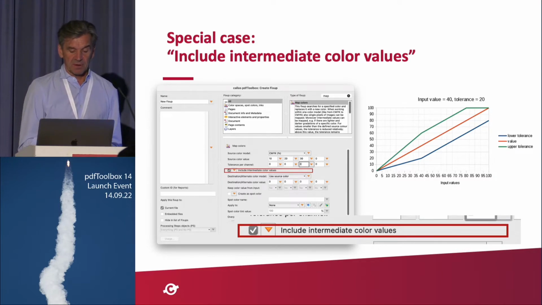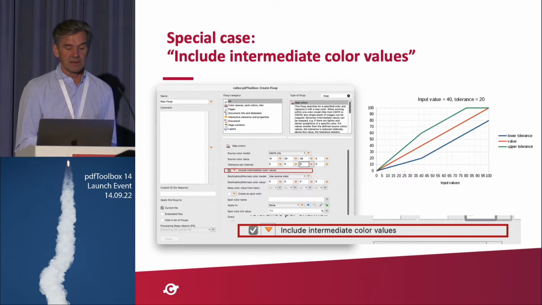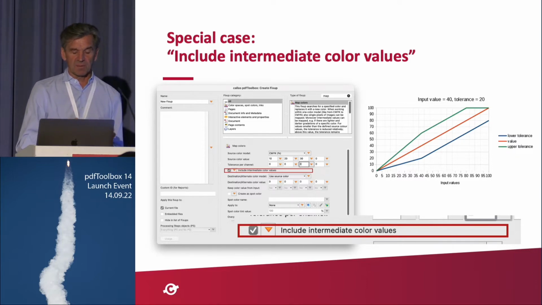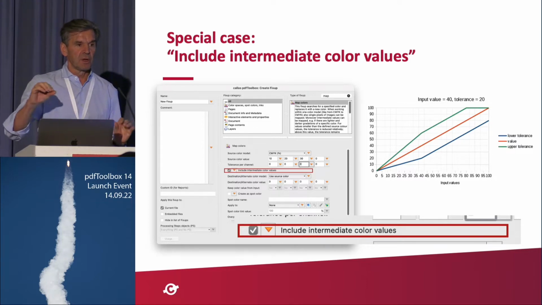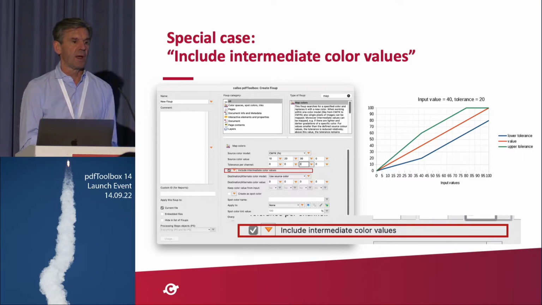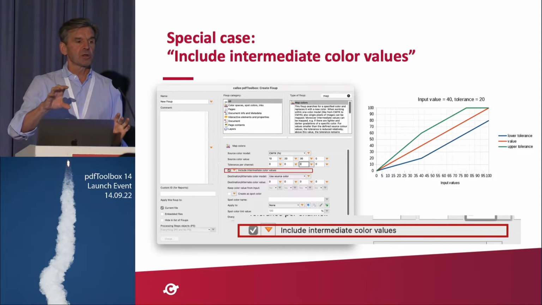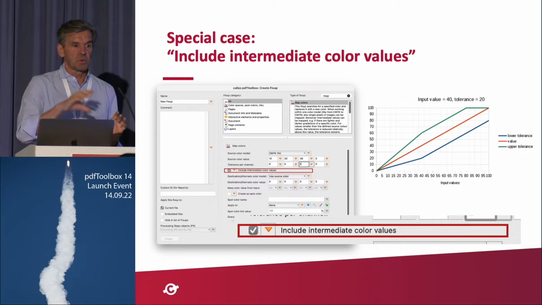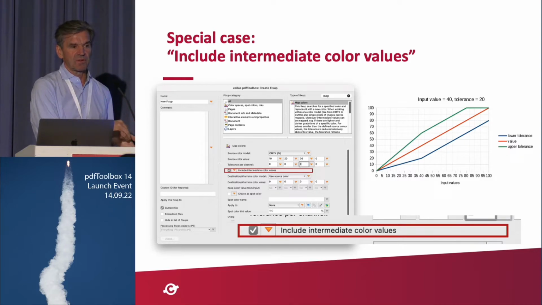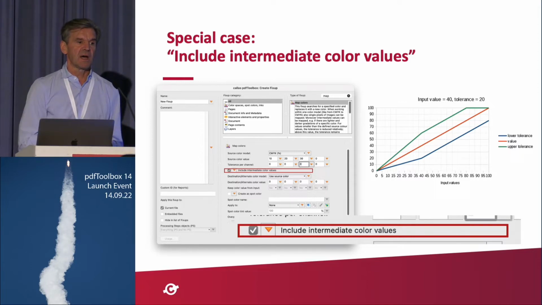If you are using the feature include intermediate color values, which has been there for quite some time, it basically allows you to specify a combination of, let's say, cyan, magenta, yellow, and black, and then the same proportion between these colorants, either in a lighter direction towards 0 or in the darker areas, is also taken into account.